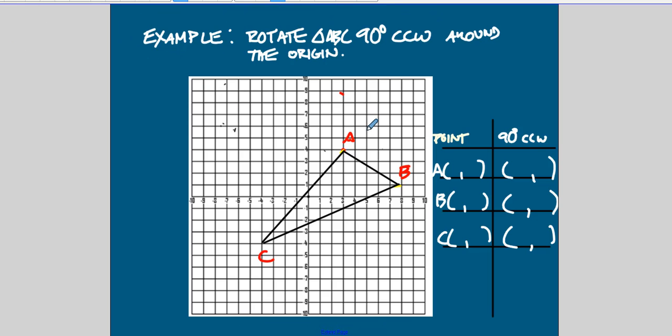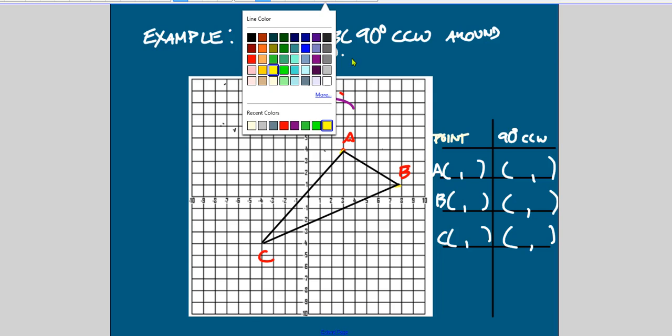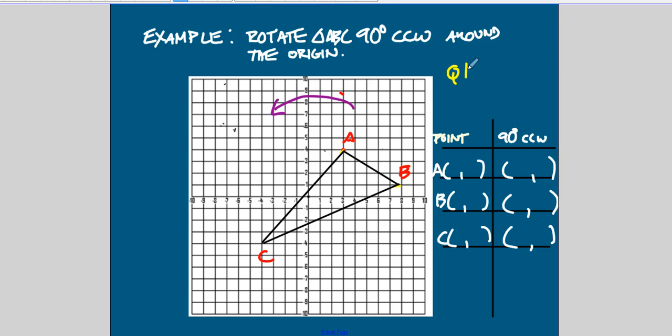Suppose I have a triangle ABC, and I want to rotate it 90 degrees counterclockwise. That's one thing you do want to pay attention to if you're doing an assignment or a test: which way are you going? You're going this way. Let's list our quadrants here, because some of these points are in different quadrants, and that's going to make a difference. So let's label our quadrants. This is Q1, that's positive, positive.